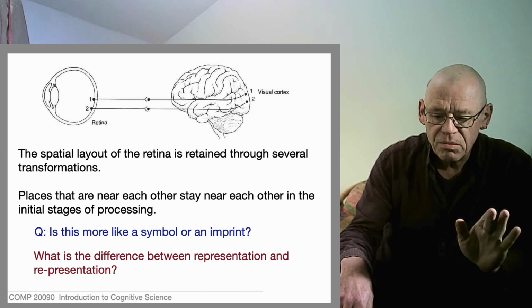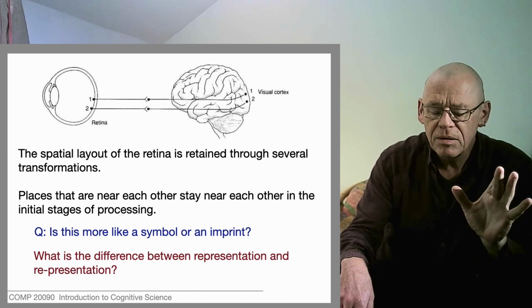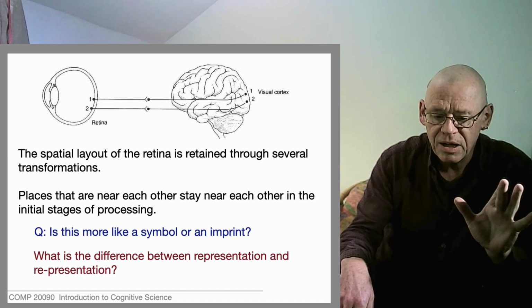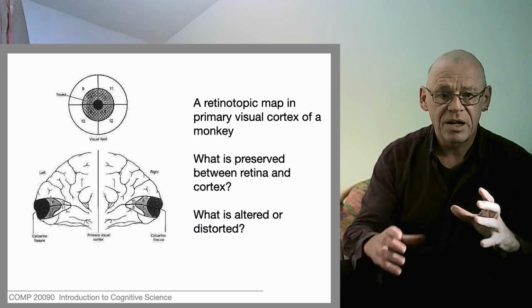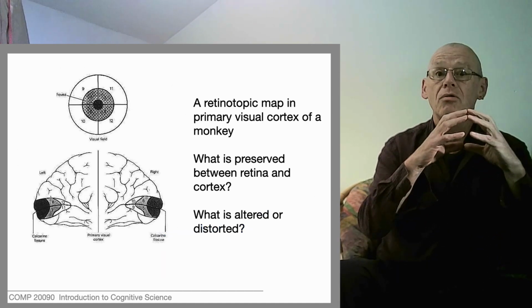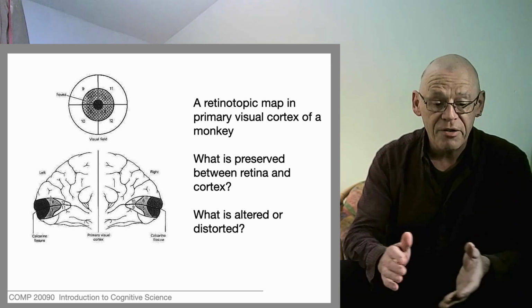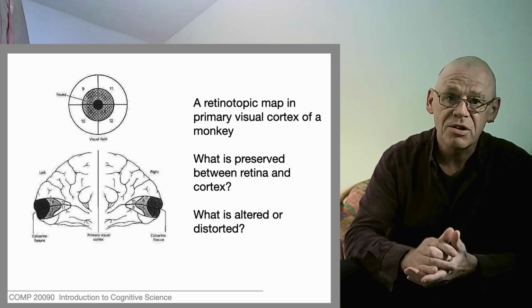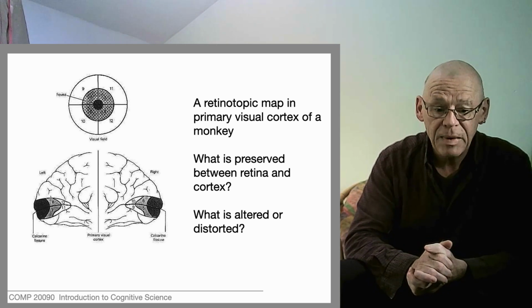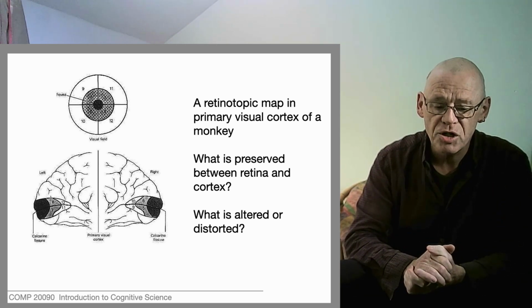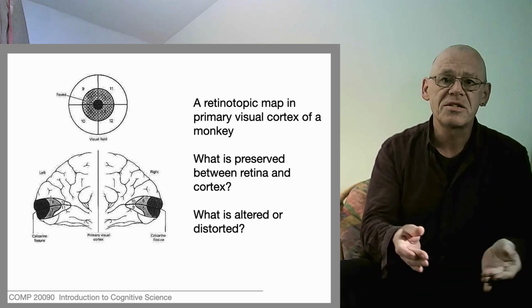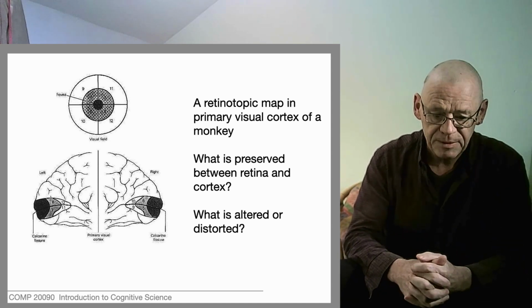Let's have just a look again at the mapping in more detail here from the retina to the back of the brain. Here I'm showing you a schematized vision on the top of the retina, and there's three areas outlined there. The dark center in the middle is the fovea, and then there's a gray area around it called the perifoveal region, and then there's a much bigger white disc around, which is the periphery.